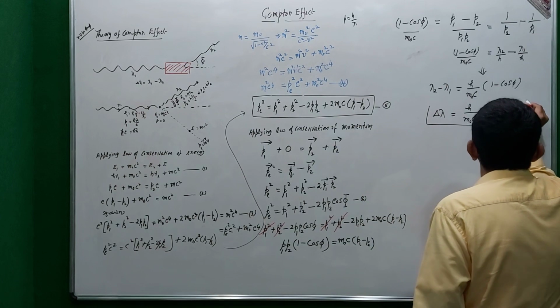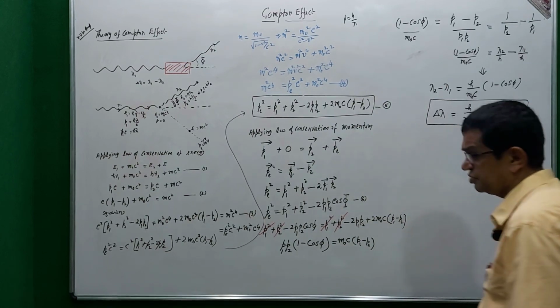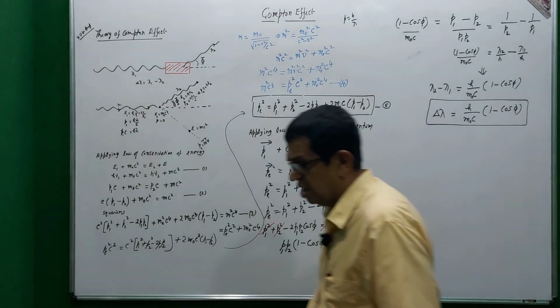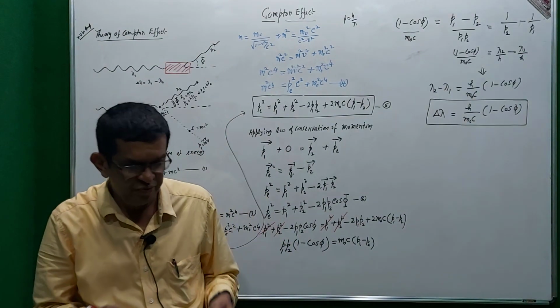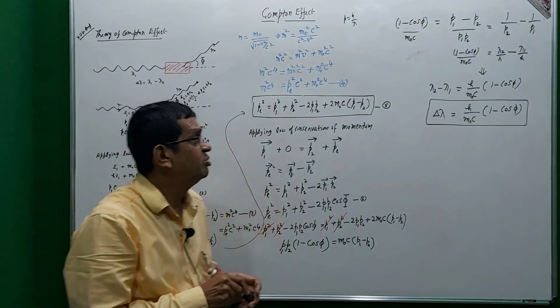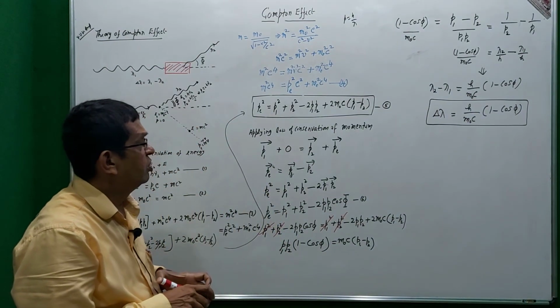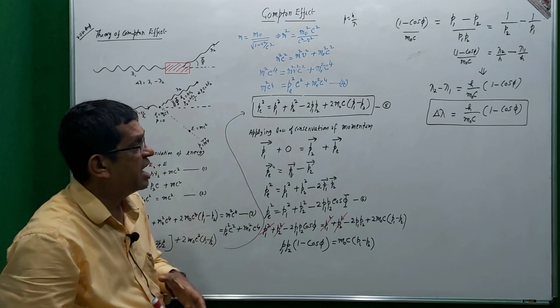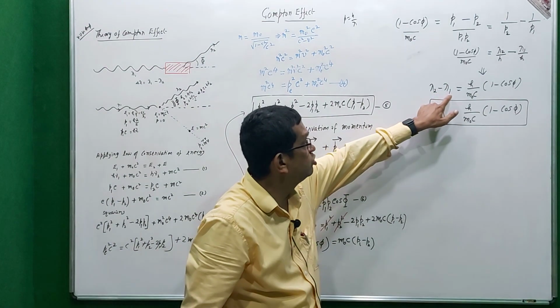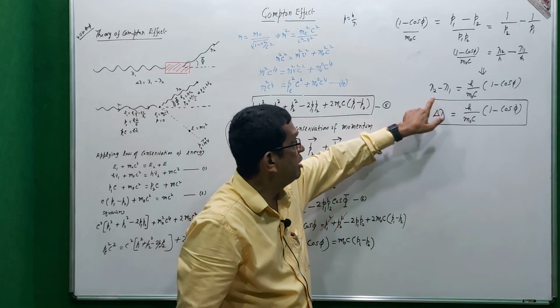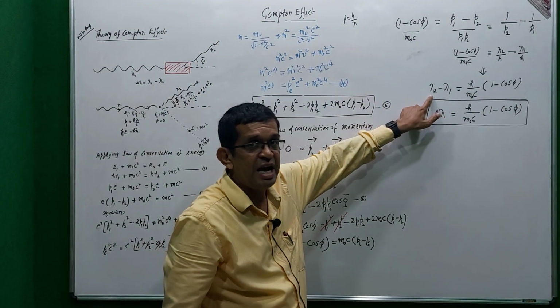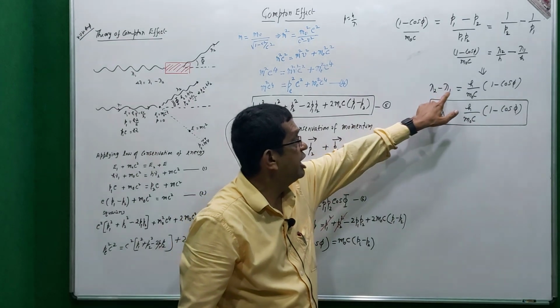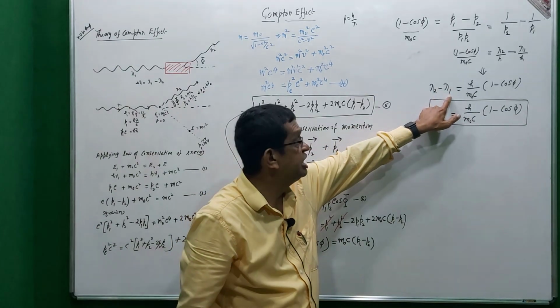This is the beautiful expression for the increase in the wavelength due to the Compton scattering. Therefore, the change in the wavelength due to the scattering is now lambda 2 minus lambda 1, where lambda 2 is the wavelength of the scattered beam, and lambda 1 is the wavelength of the incident beam.